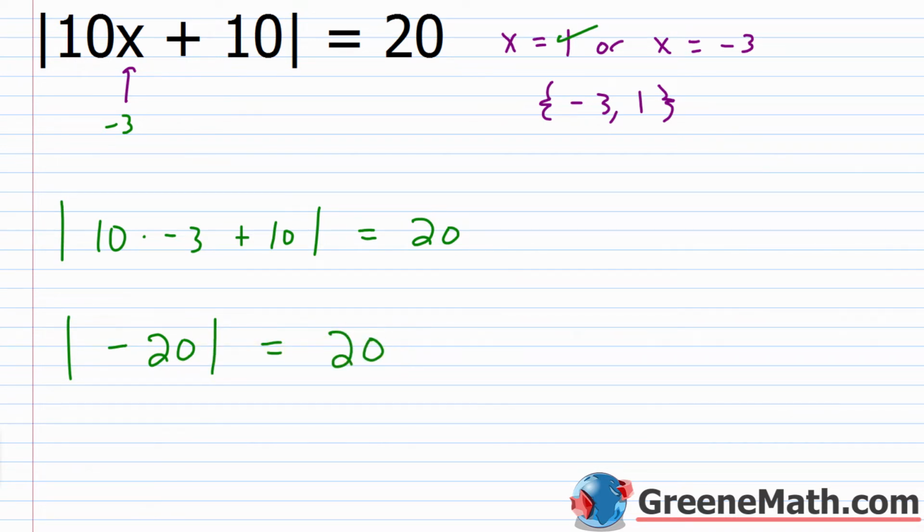Again, the absolute value operation here is what allows us to have a negative 20. When I take the absolute value of negative 20, I get positive 20, okay? So this becomes 20, and it equals 20. So 20 equals 20, that's true. So this works out as a solution as well. So here, x can be 1, or equally valid, x could be negative 3. Two solutions for this equation.